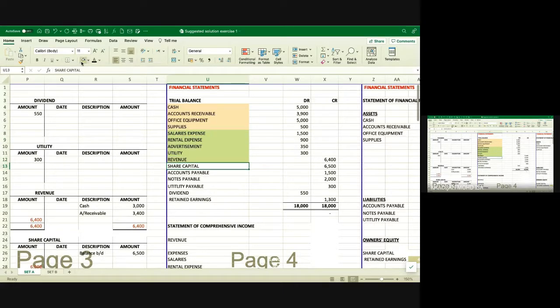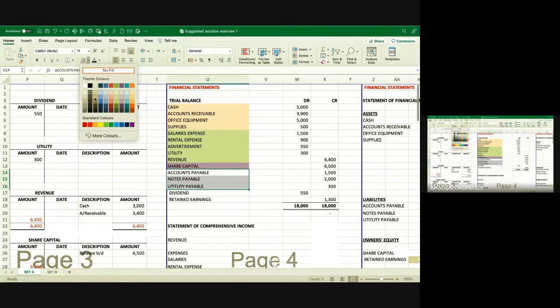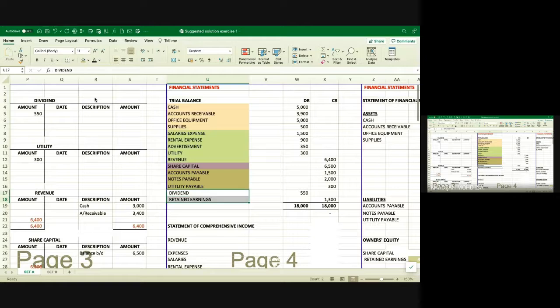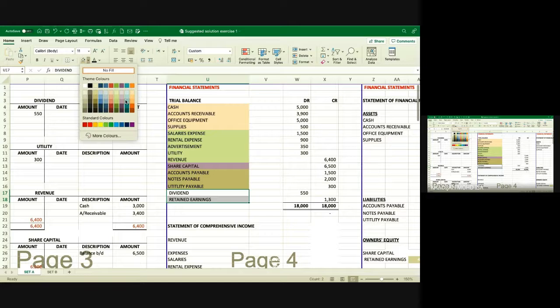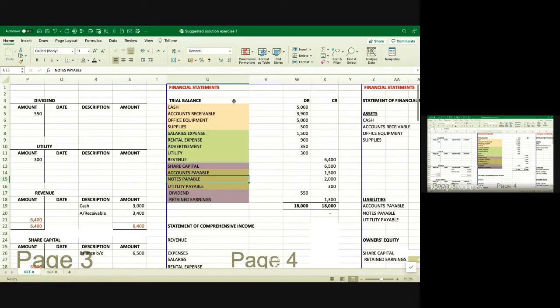Share capital is your owner's equity. Accounts payable, note payable, and utility payable are your liabilities. And then you have your dividend and retained earnings, which are part of your owner's equity. Owner's equity is purple color.